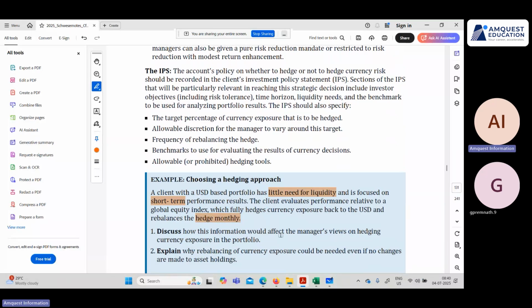Discuss how this information would affect the manager's view on hedging the currency exposure in the portfolio. Okay. Then what do you think? If the manager has a short-term view, right, and he doesn't have any kind of view as in he doesn't have any kind of biasing towards, or maybe doesn't know if the currency is going to increase or decrease, the best solution is to completely hedge, basically a passive hedge, right?